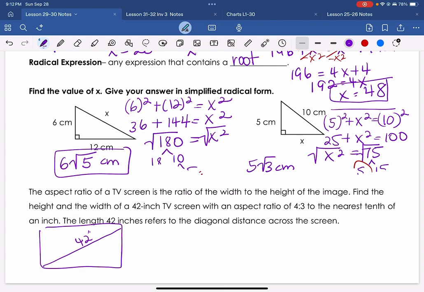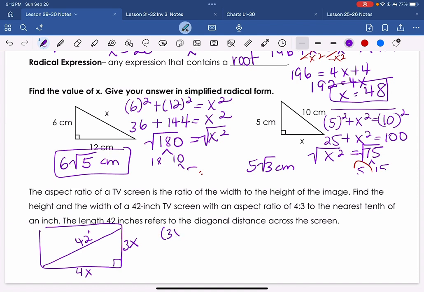Okay, anytime you see ratio, you need to put x behind it, meaning this is 4x and this is 3x. It's a ratio, it's not the exact length. Now notice it's Pythagorean theorem because it's a right triangle.